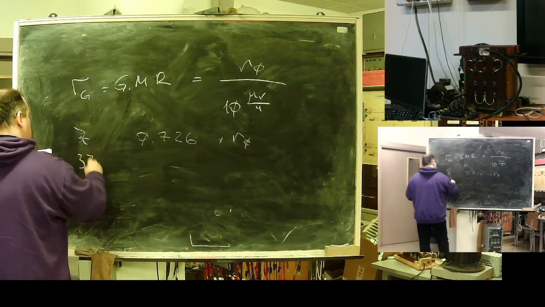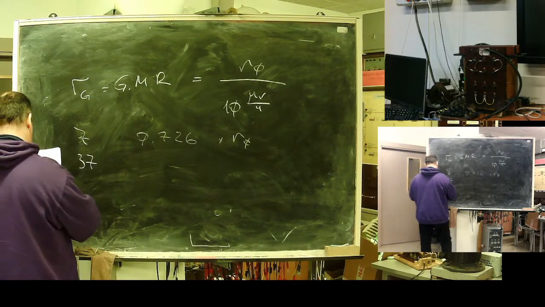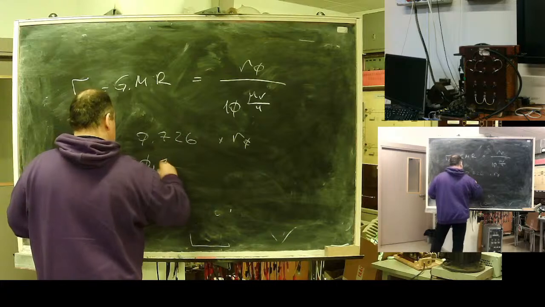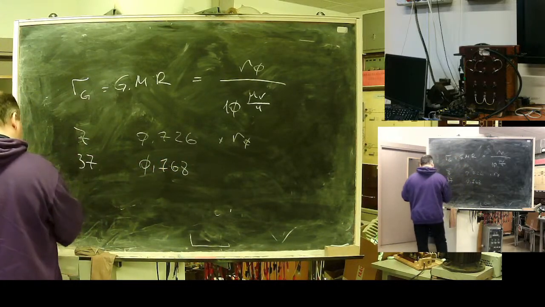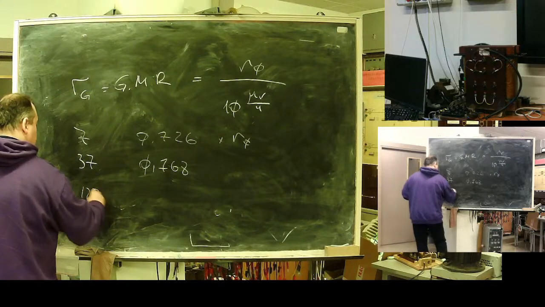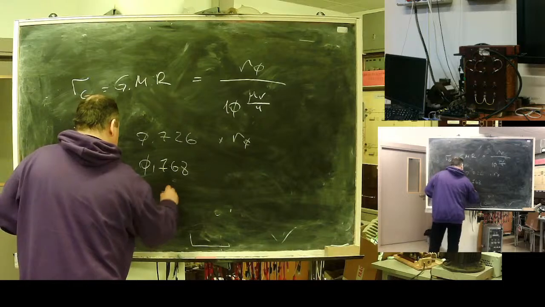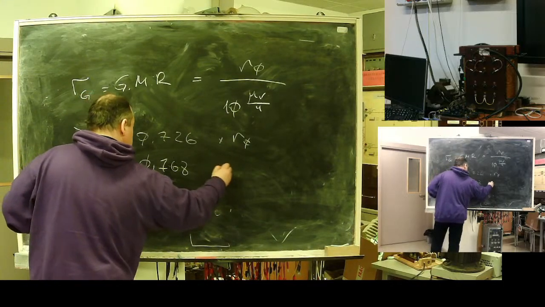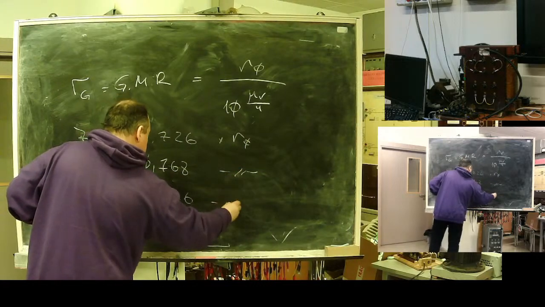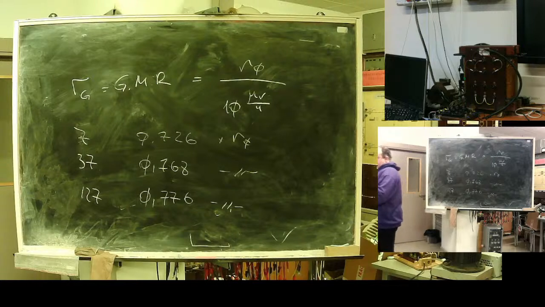For 37, 0.768, and for large 127 strands, 0.776. The same. Actually, it's empirical data.